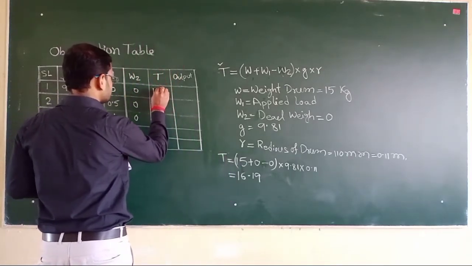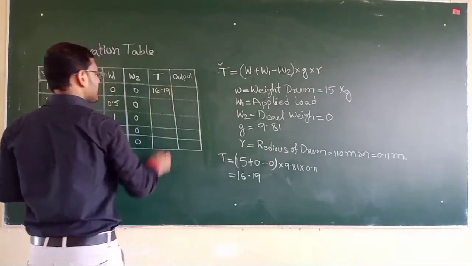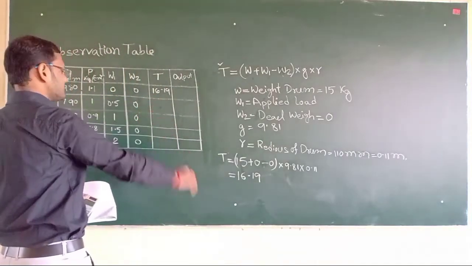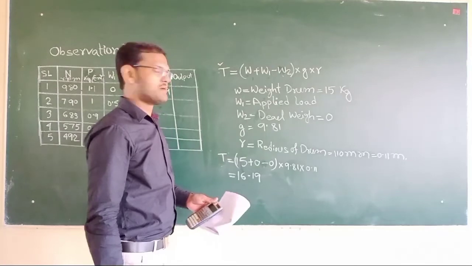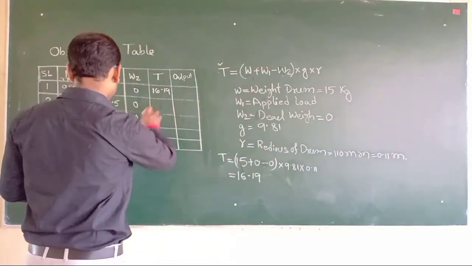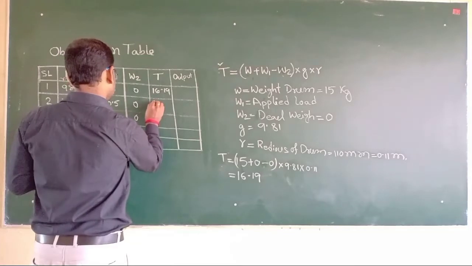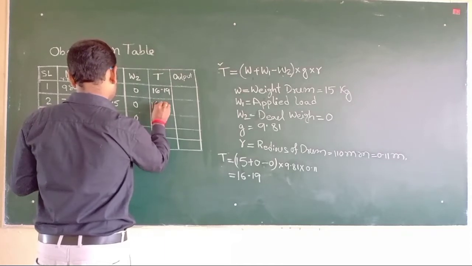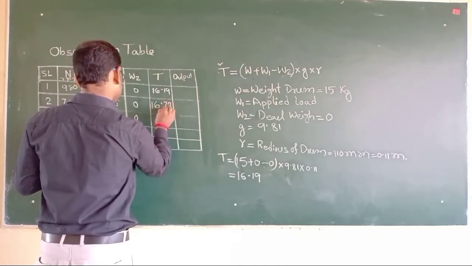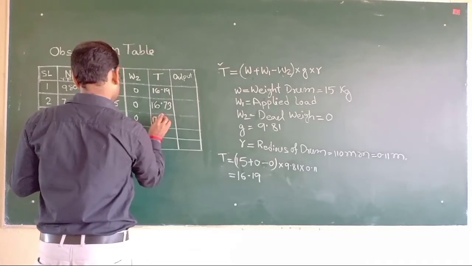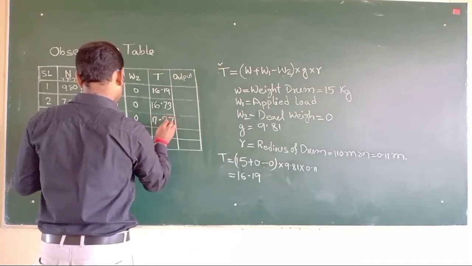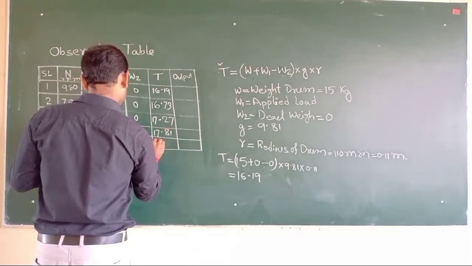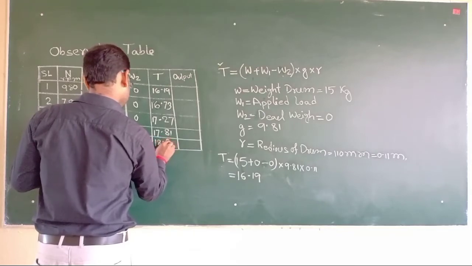I put it. Similarly, we calculate all values of T at different loading conditions. And we put all values of T, that is 17.16, 17.27, 17.81, and finally 18.38.